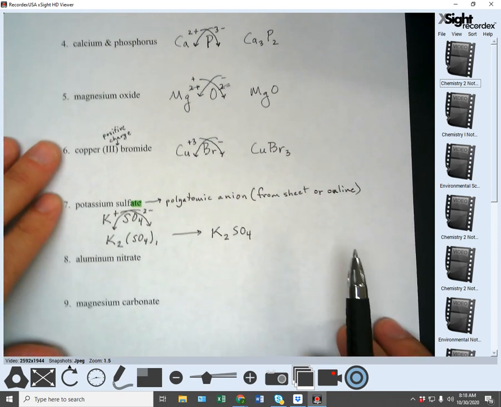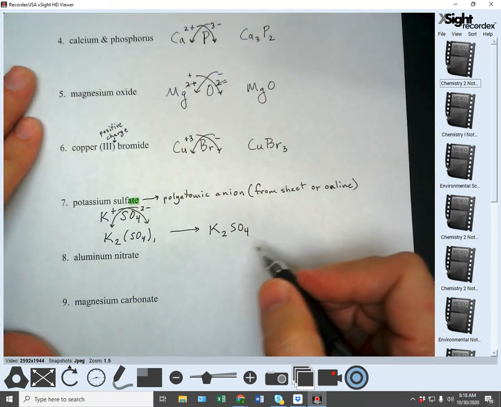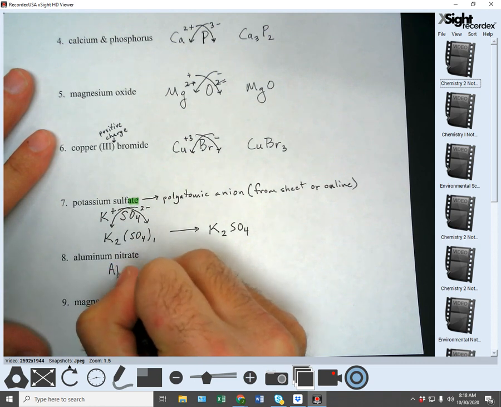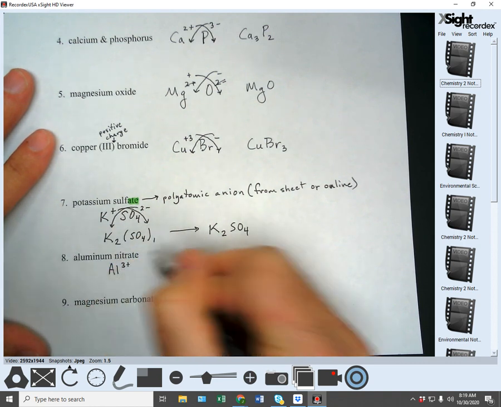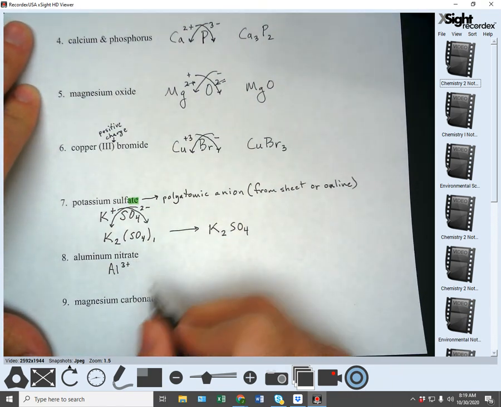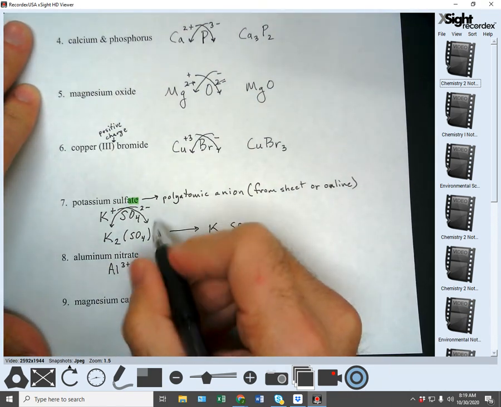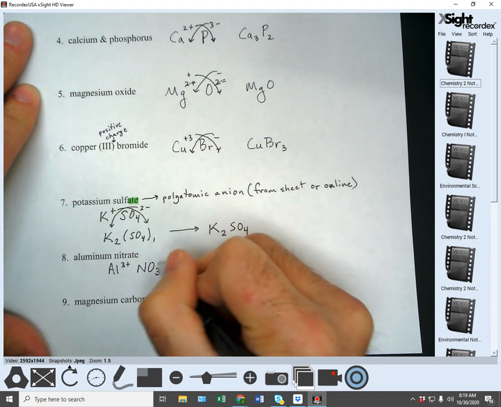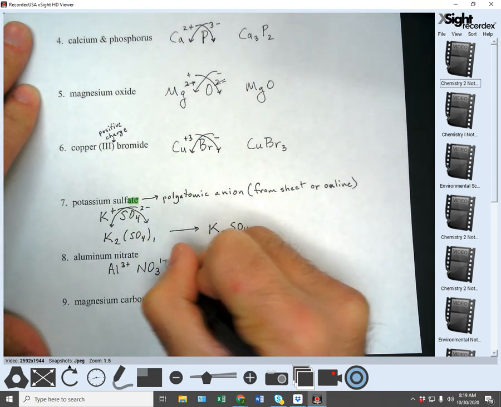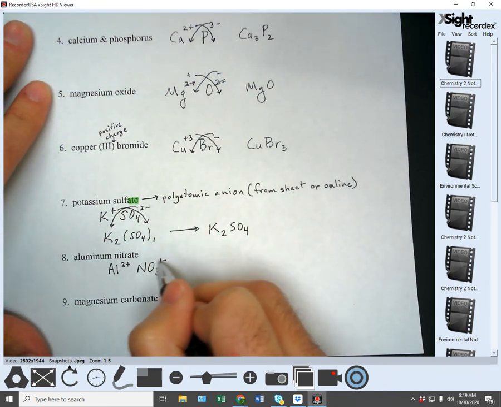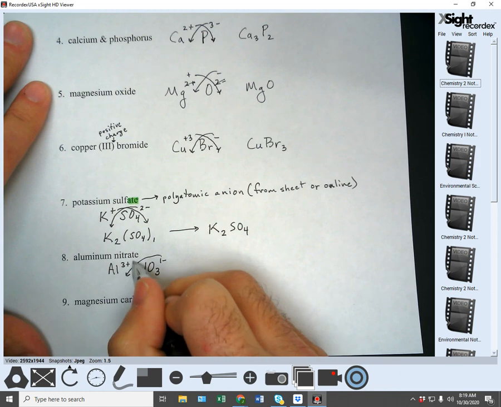Okay, let's take a look at the last couple here. Aluminum nitrate. Okay, we look up aluminum on the periodic table. It's a 3 plus. Okay, nitrate, again, the ending tells us it's a polyatomic. Nitrate is NO3 negative 1. Okay, we cross down.